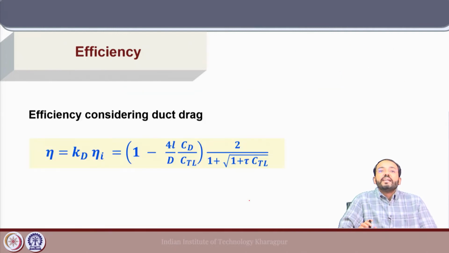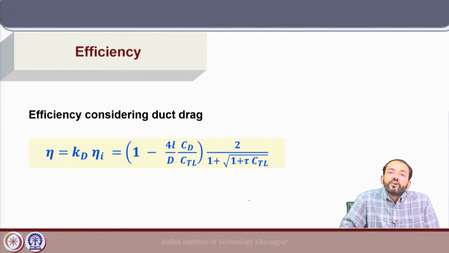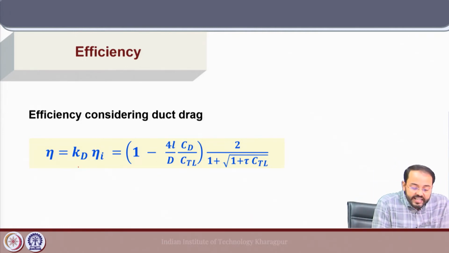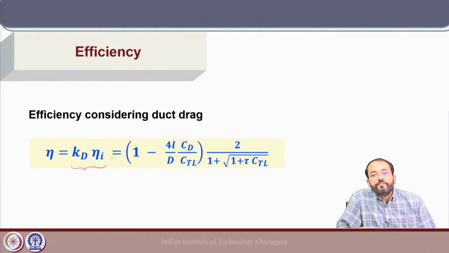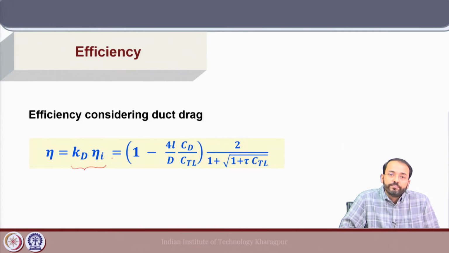Now, we can write the efficiency considering duct drag as Kd multiplied by the ideal efficiency which was obtained before.